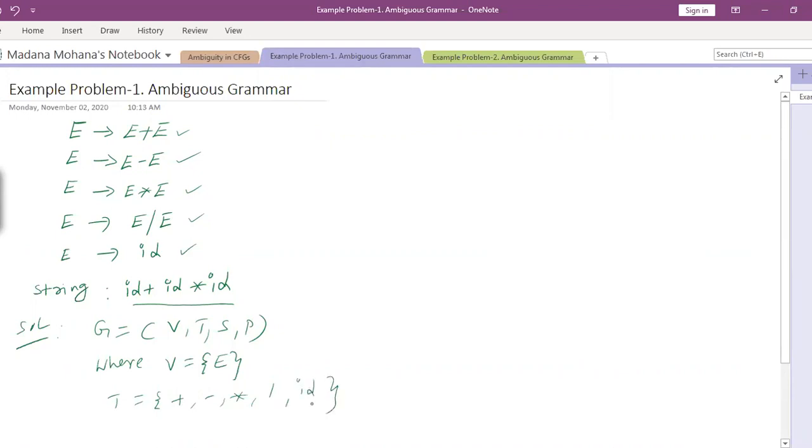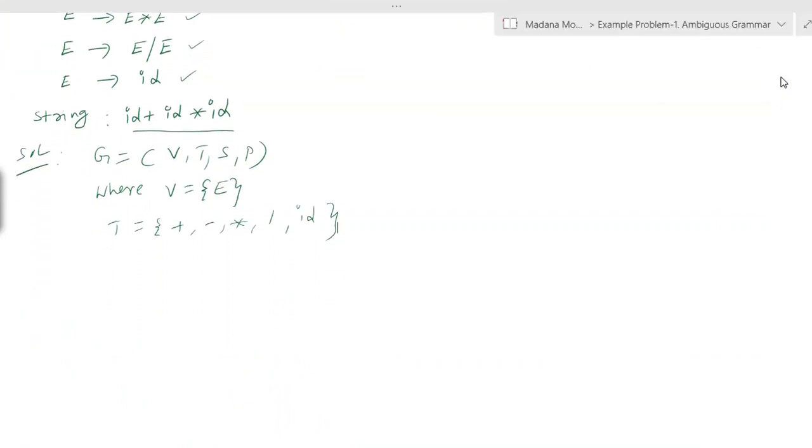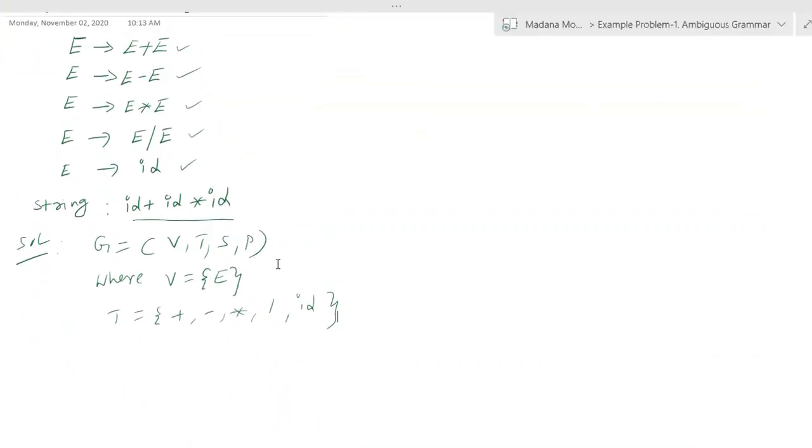These are all the terminals. Then S is the starting variable, so S equal to E. Only one variable is there. Then the productions are given in the problem above.